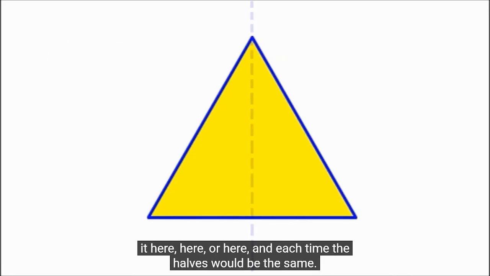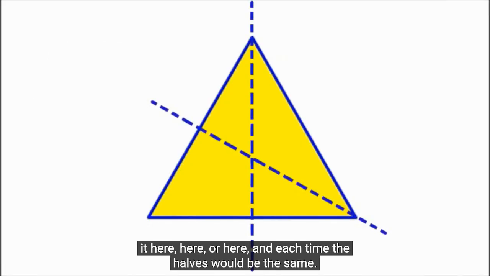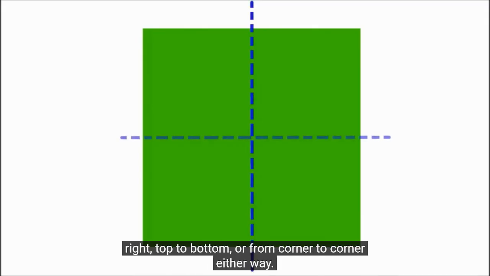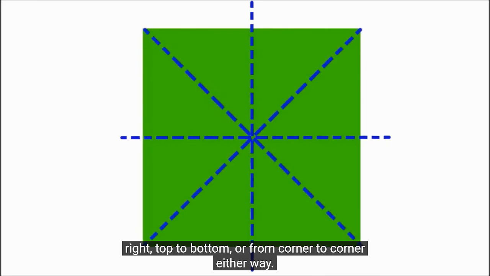You could fold it here, here, or here, and each time the halves would be the same. A square has 4 lines of symmetry. You could divide it in half from left to right, top to bottom, or from corner to corner either way.